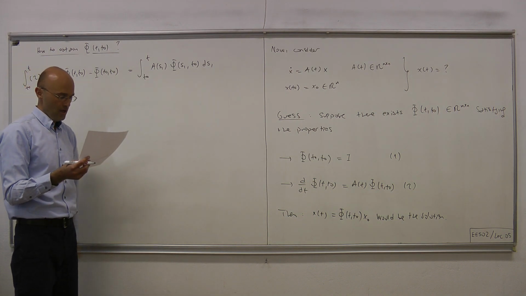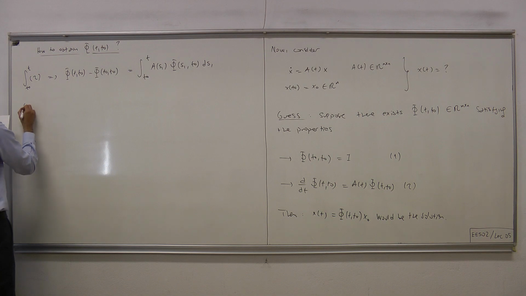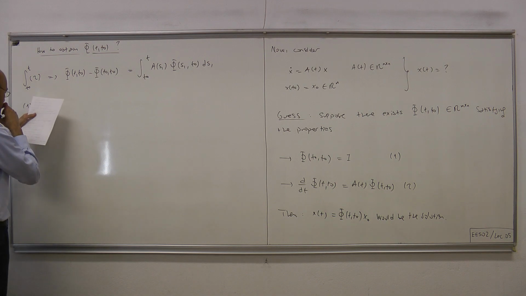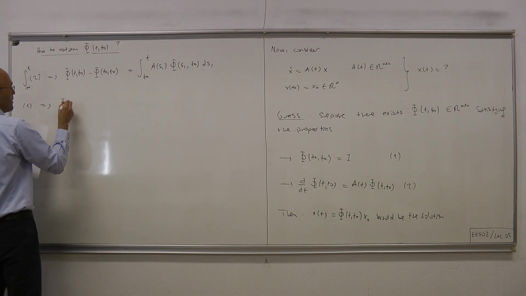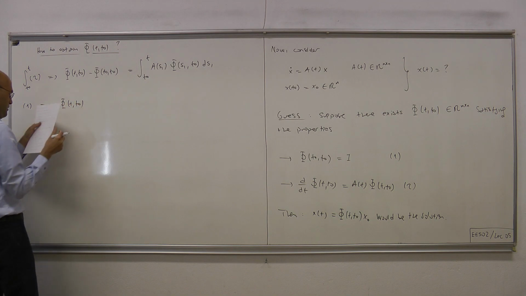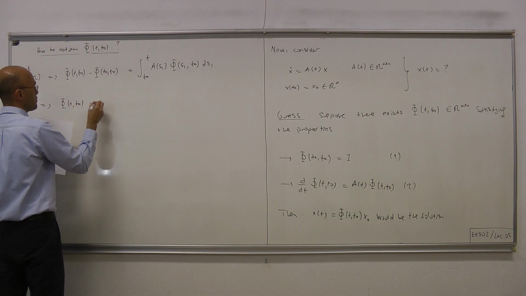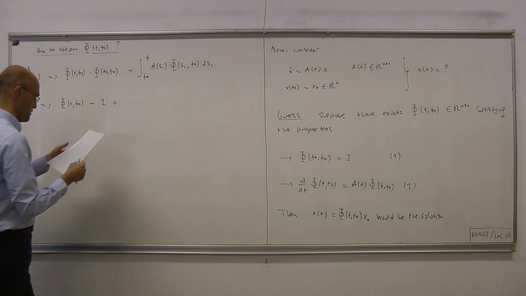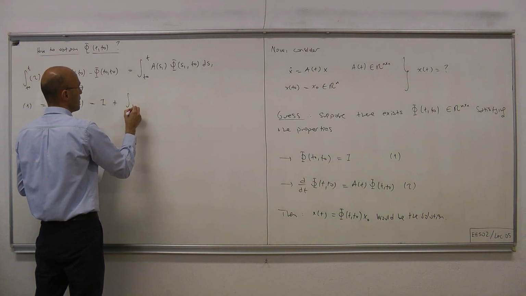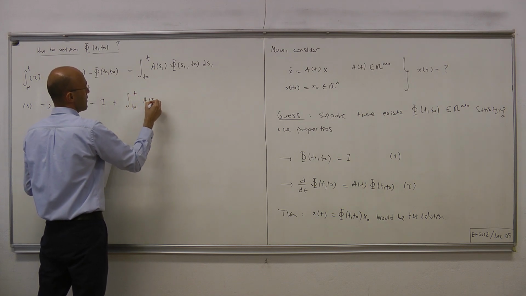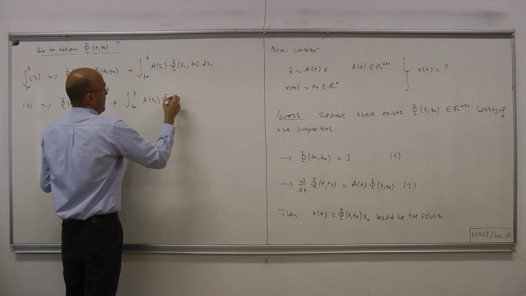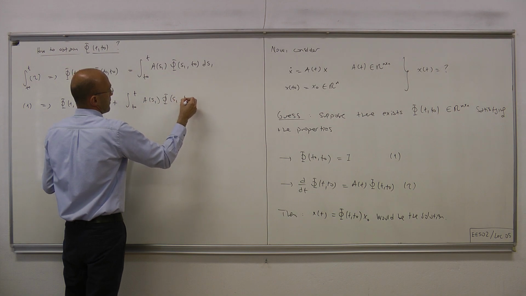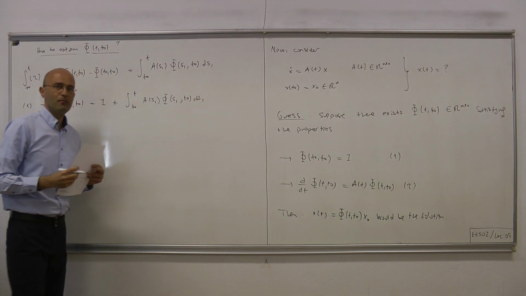We take that identity to the other side using property 1, and we can write phi T T0 equals identity plus the integral from T0 to T of A S1 phi S1 T0 dS1.